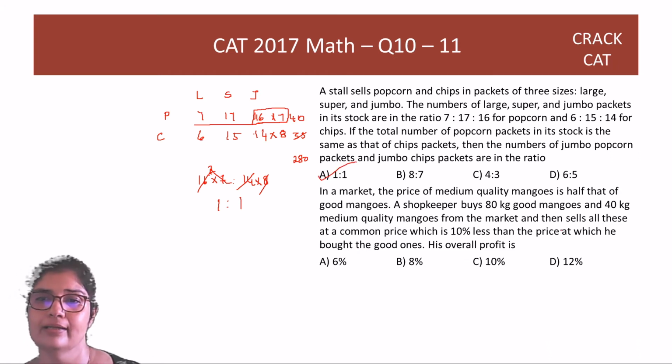Great. In a market, the price of medium quality mangoes is half. So let medium be 100 rupees and good mangoes be 200 rupees.